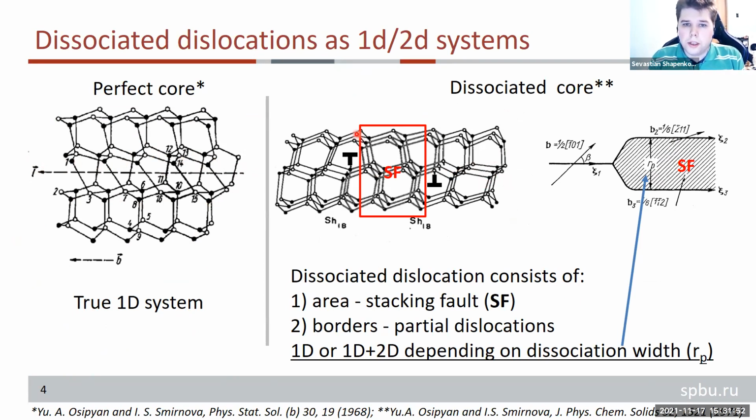It would have two partial dislocations, which are shown here with this symbol, and between them would be the area of the stacking fault, which is a break in the order of the layers in the crystal structure. And this dissociated dislocation can be both a 1D or 2D system, depending on the parameter called dissociation width, which is the distance between two partial dislocations or the width of the stacking fault.